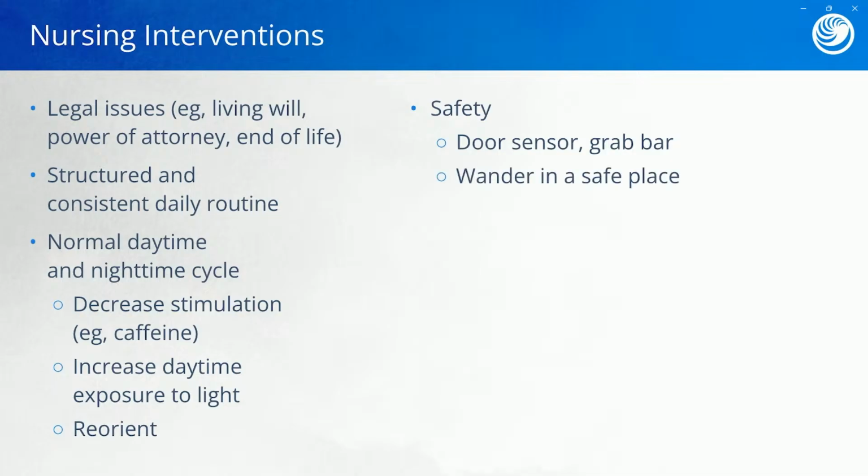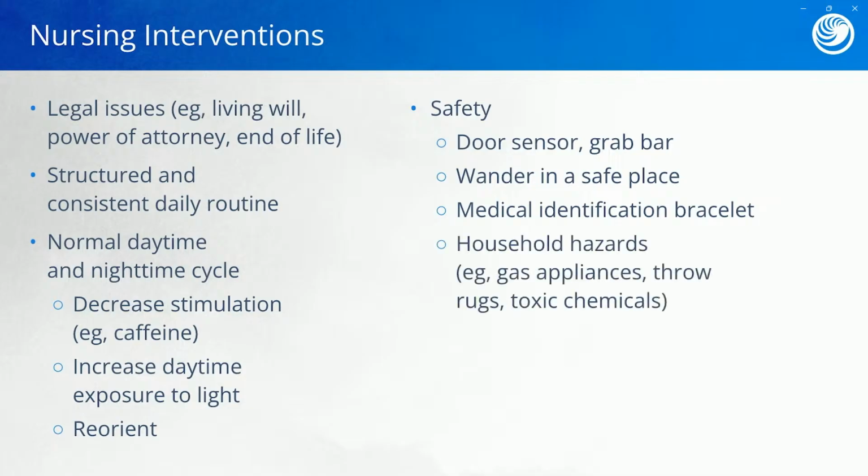It's important that these clients wear a medical identification bracelet in case they do get lost, and we need to encourage elimination of certain household hazards. This can be things like gas appliances. Throw rugs become a tripping hazard for these clients. Toxic chemicals should be stored securely or thrown away. And the installation of grab bars can help these clients in the shower and the bathroom.